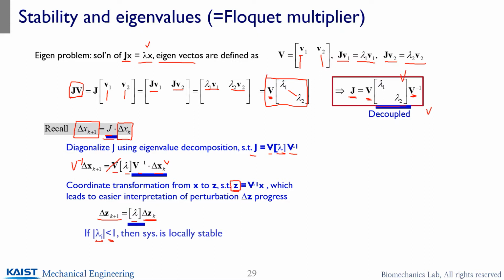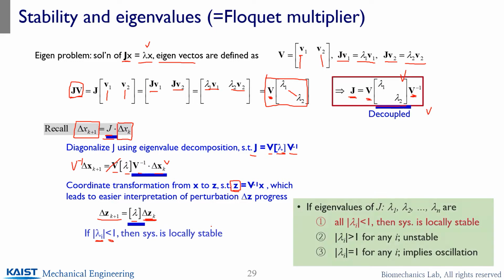As long as your eigenvalues are smaller than 1, you're locally stable, because your coordinate-transformed deviation will decrease over time. So by checking the eigenvalues of the Jacobian, as long as they are less than 1, your system is locally stable.